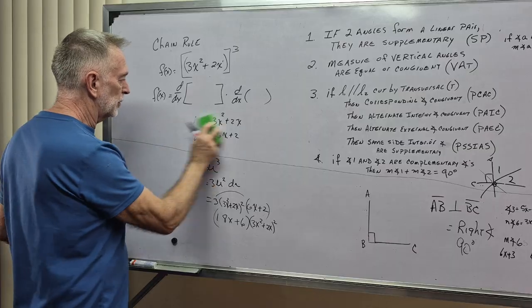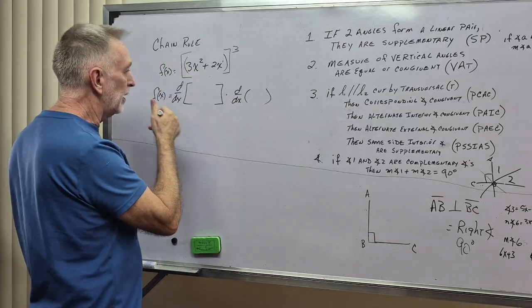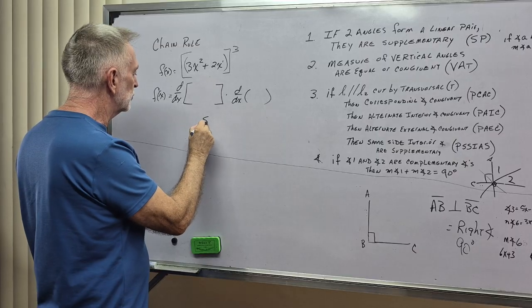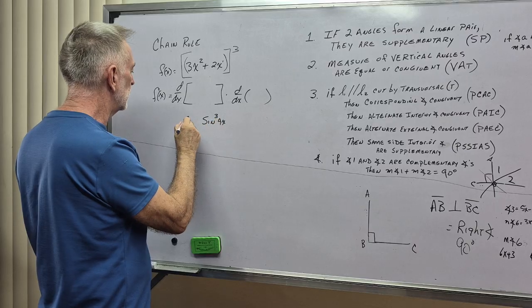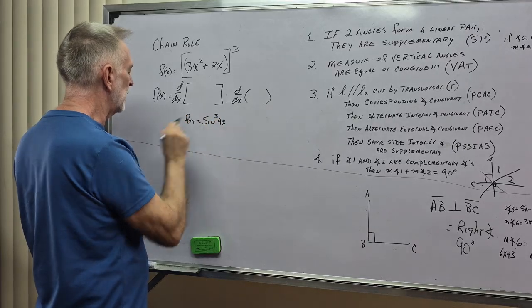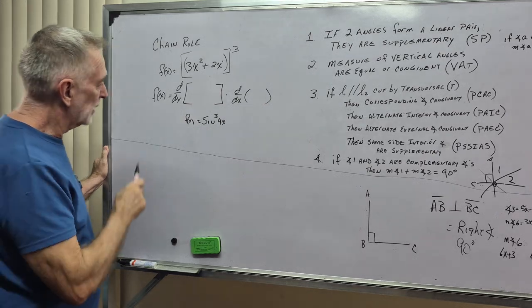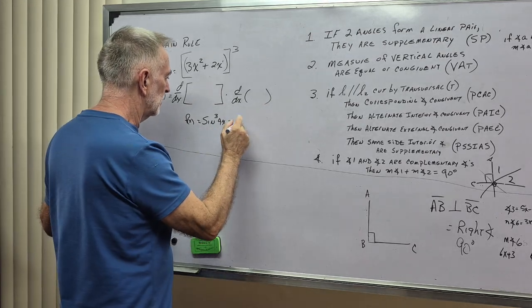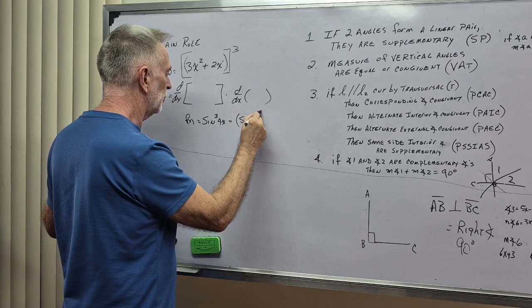Let's take another function. What if I have sine cubed 4x? So f of x equals that, which I can rewrite as sine 4x cubed.